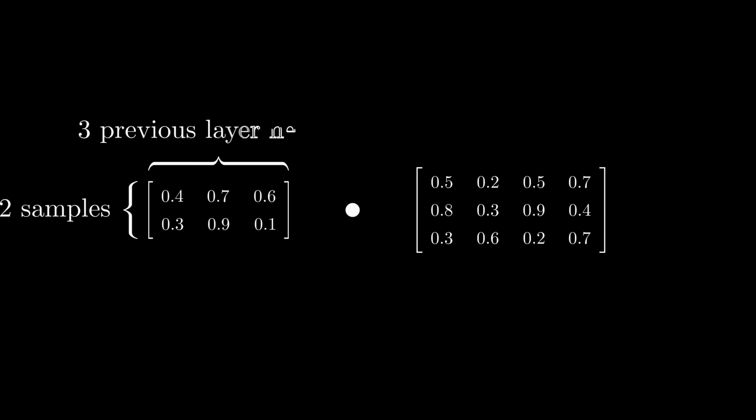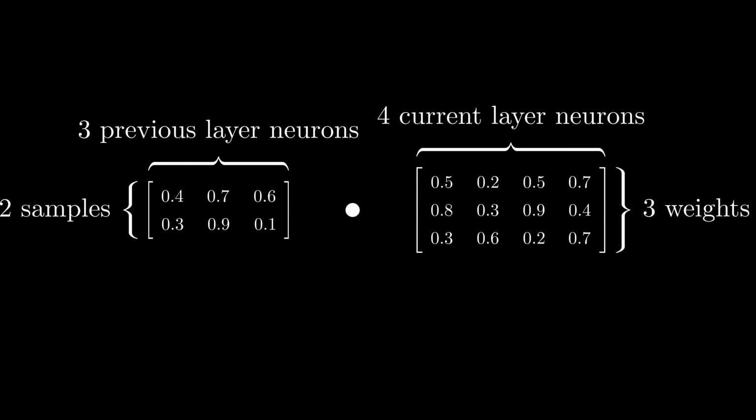To do this effectively, I gotta optimize the matrix dot product. The first matrix is gonna have n samples, the number of samples, by the number of outputs of the previous layer. And then the second matrix is going to have one dimension be the number of outputs in the previous layer, and then the other dimension be the number of neurons in this current layer.